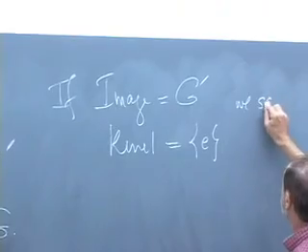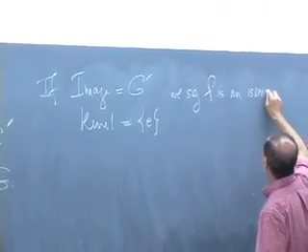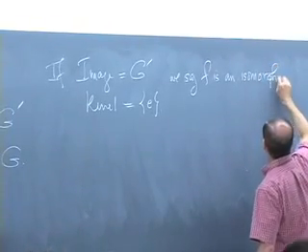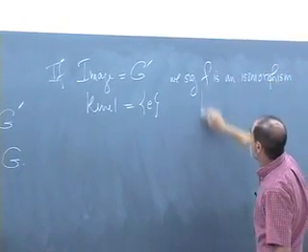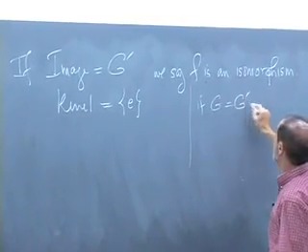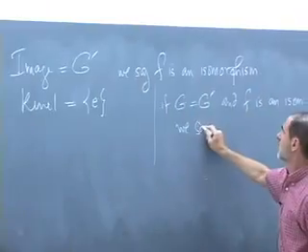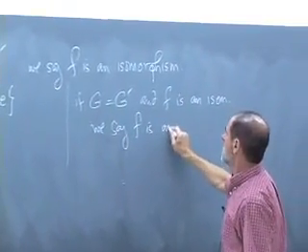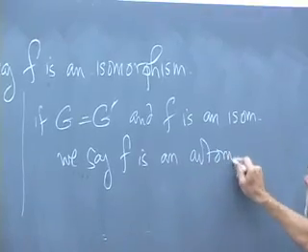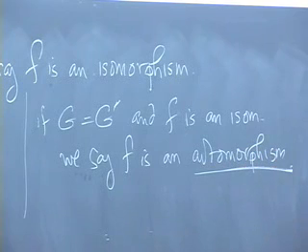So if the image is G prime and the kernel is {e}, we say f is an isomorphism. And if beyond being an isomorphism, G is equal to G prime and f is an isomorphism, we say f is an automorphism, an isomorphism from G to itself. We'll give some examples of that.